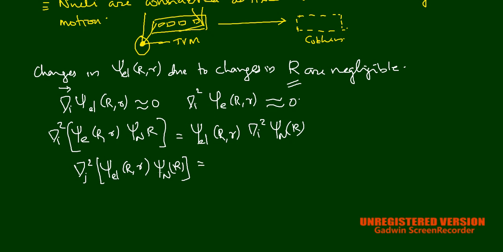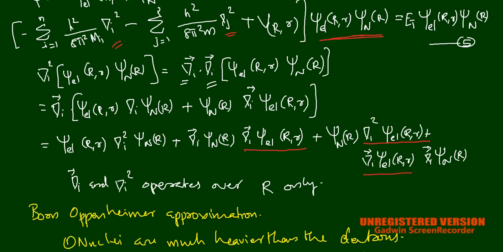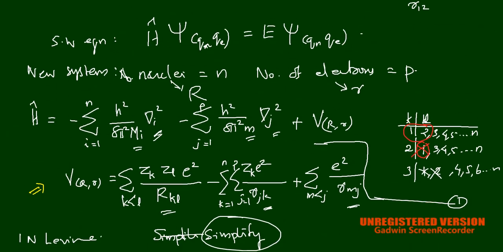Del J square ψ electronic r ψ n r, and you can see that del J square operates only over r, because that was the Laplacian operator for the electronic coordinates, right? You may be remembering from the Hamiltonian, this is the del J square, and this was the kinetic energy part. The second term was the kinetic energy operator for the electron, and here del J square is the Laplacian operator for the electronic movement, or electronic position coordinates.